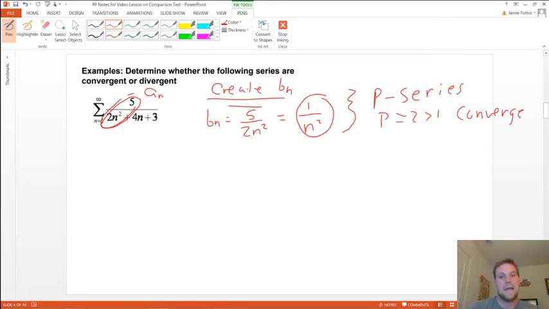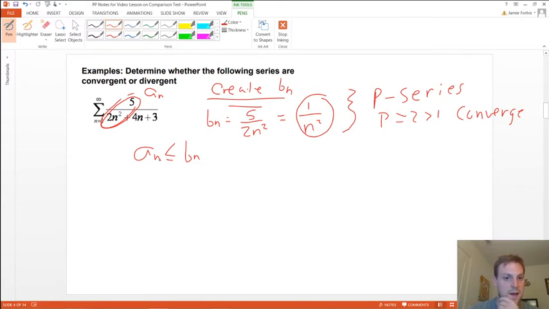And knowing that that converges, if I can guarantee that b sub n is indeed greater than or equal to a sub n for all n, then I can use the comparison test to say that a sub n converges.